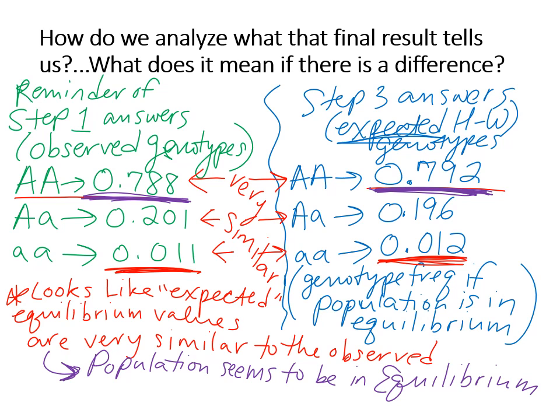Okay, so please write that down. If the expected frequencies were noticeably different from the observed frequencies, it would tell us that one or more of the following Hardy-Weinberg assumptions are being violated in this population. Okay?